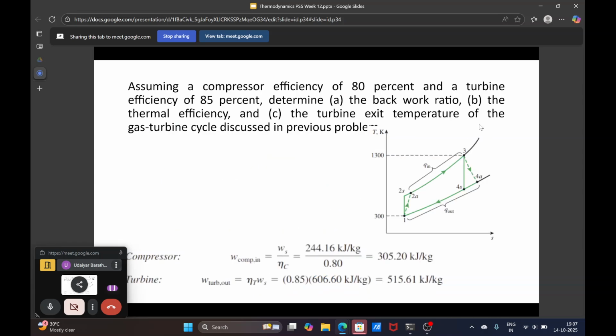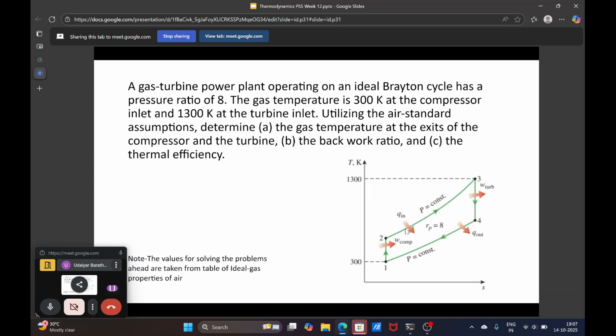So we'll use the same approach. This being an ideal compression process, for 1 to 2 and 3 to 4, T2s is T1 into P2 by P1 raised to gamma minus 1 by gamma. With that we can estimate the temperature at the exit for both the compressor and the expander.